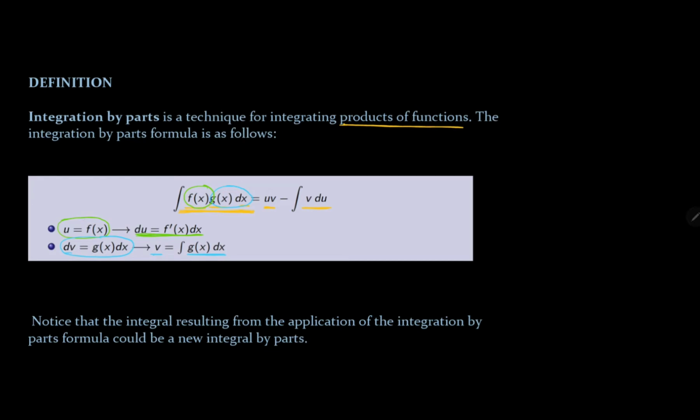So we pick the elements in this block, and out of them we build the formula according to the given notation: u times v minus the integral of v times du.